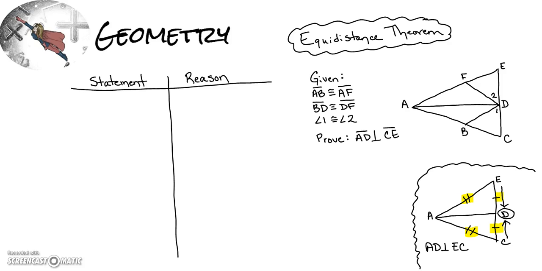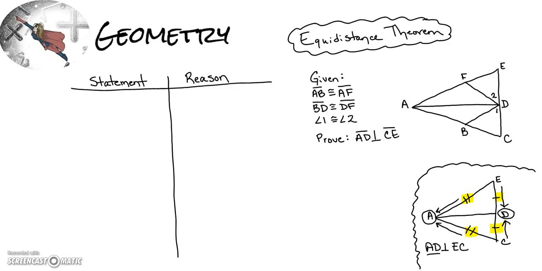They both trace back to touch point A. They both have point A in common. And the circled letters, A and D, those are the letters that form the perpendicular bisector. So AD is perpendicular to EC in this situation.